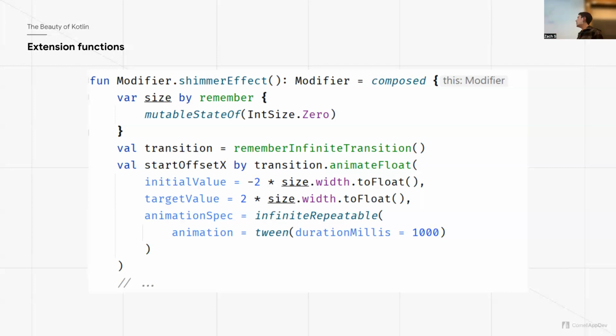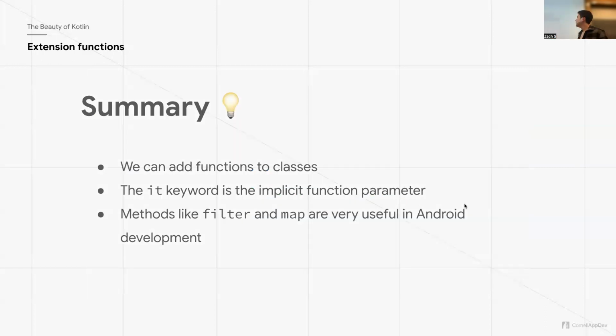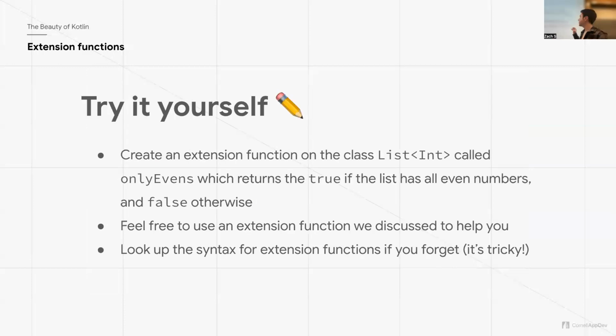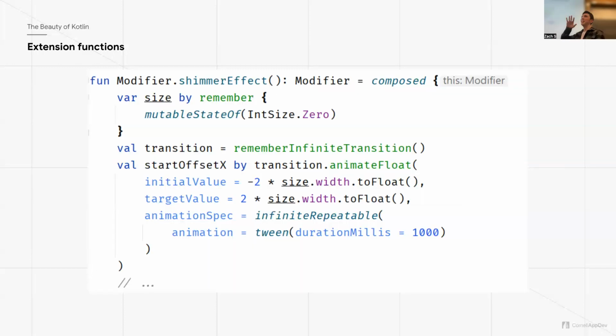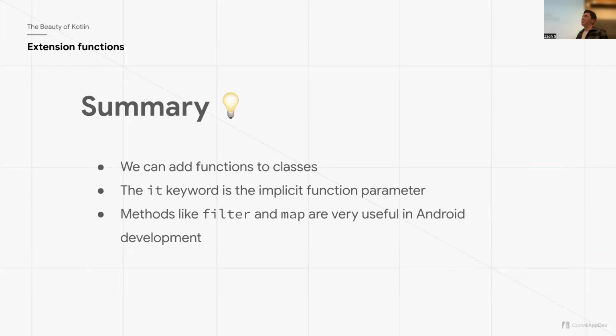And the way that we do that is essentially derived from this lower level concept called extension functions. So yeah, we can add functions to classes, right? Sorry, that summary was actually supposed to be for the other one. Don't pay attention to the slides, my bad. But I can just summarize it right now.